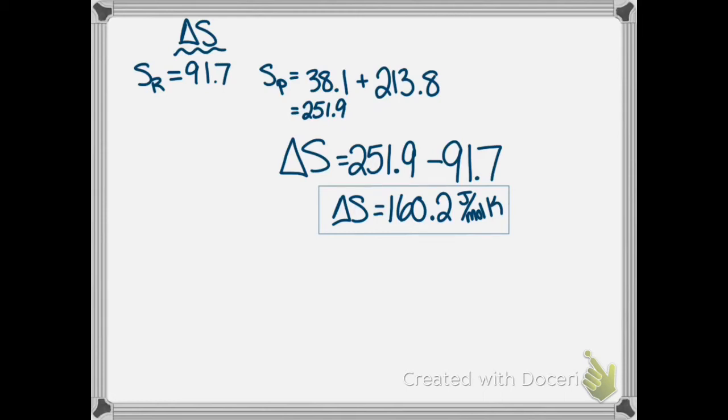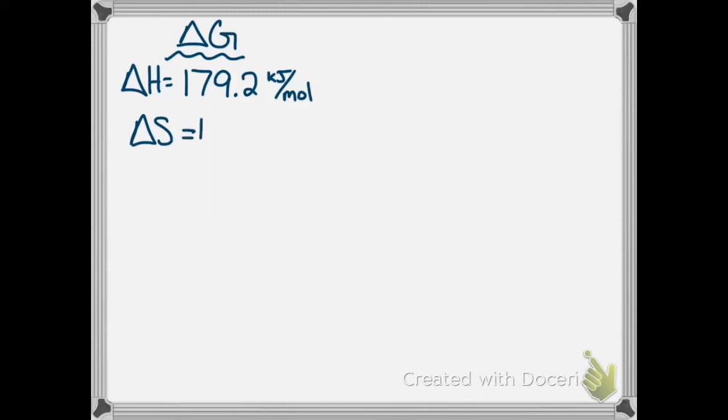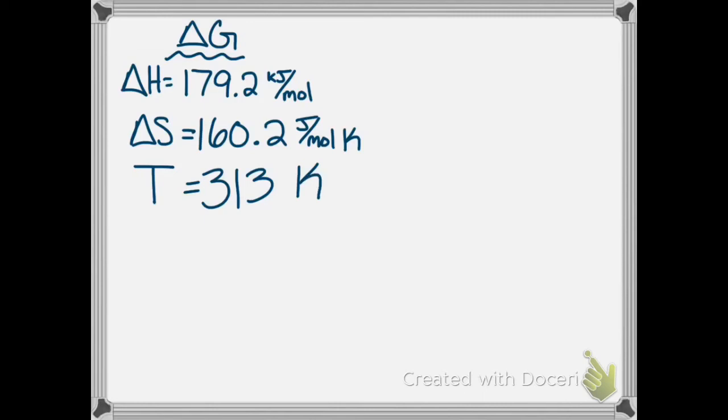Once we do that, we can now solve for our delta G variable. So now we're going to list our givens. Our delta H is that 179.2 kilojoules per mole. Our delta S is that 160.2 joules per mole Kelvin. And we know from the original problem that our temperature is 313 Kelvin.